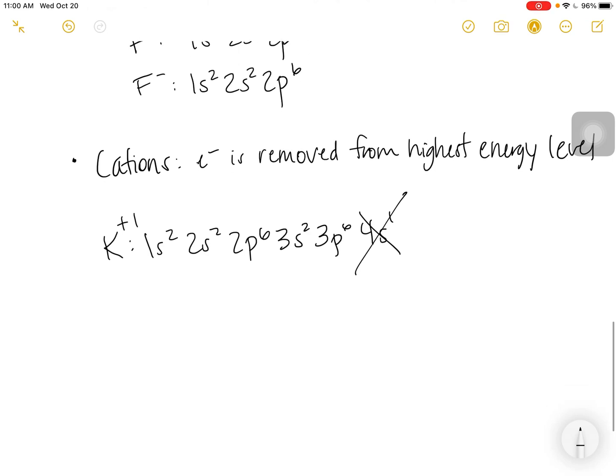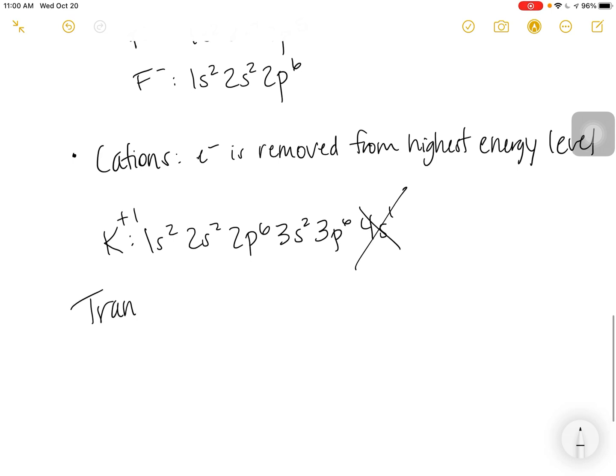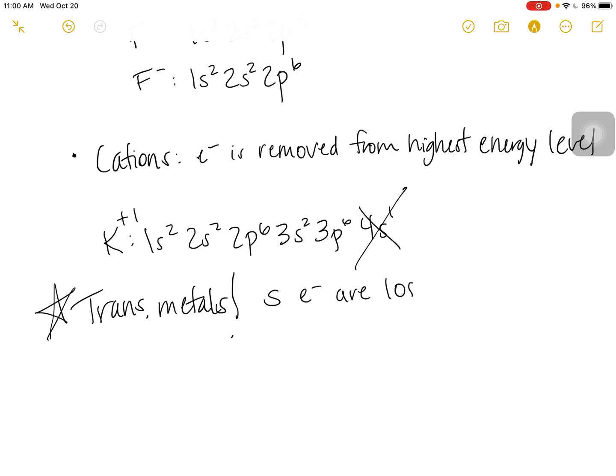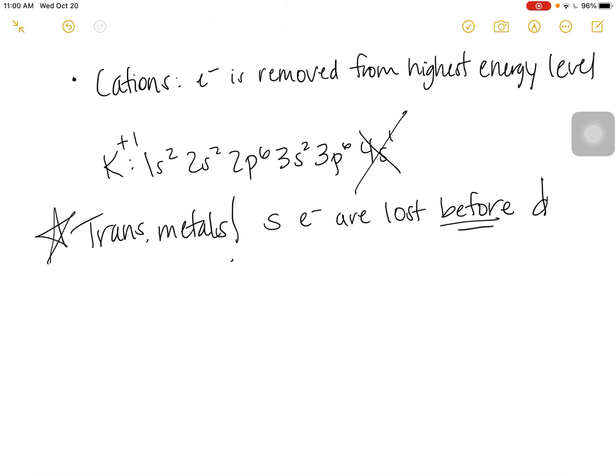The only time it's trickier than that is your transition metals. We know this is one to watch for, and it's important to know that your s electrons are lost before the d, because they're in a higher energy level.